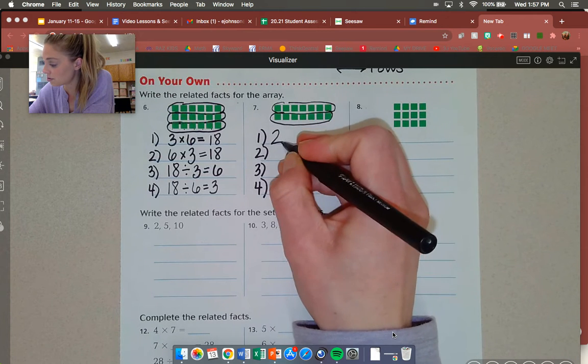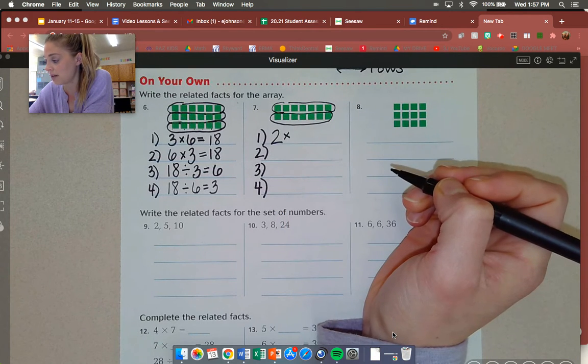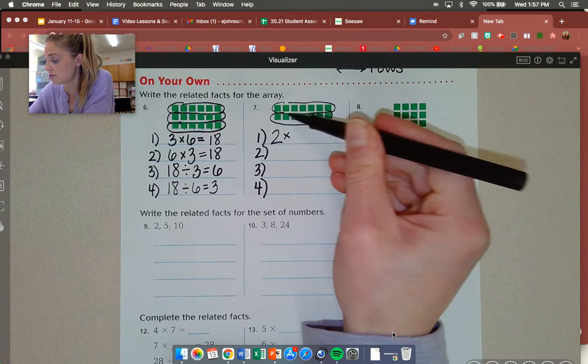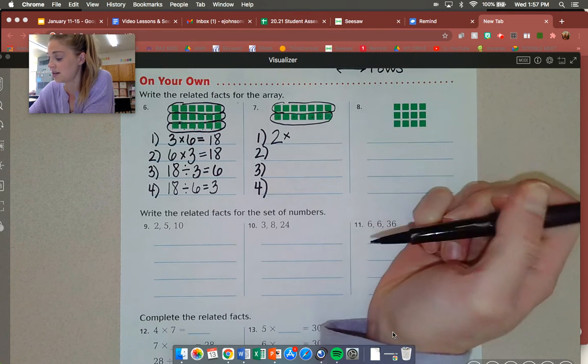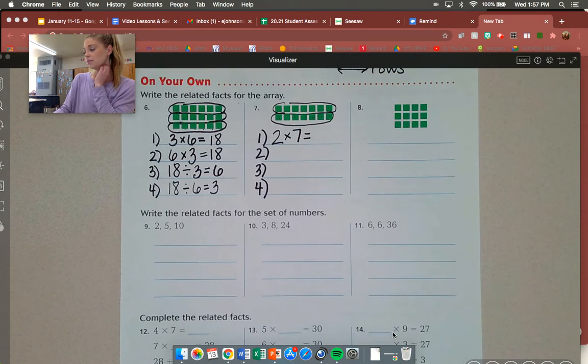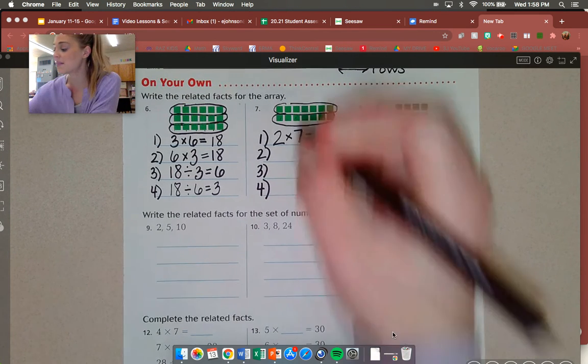So 2 rows of how many? 1, 2, 3, 4, 5, 6, 7. 2 rows of 7 equals what? Well, you can just count 2 groups of 7. 2 groups of 7 would be 7, 14. So 2 times 7 is 14.